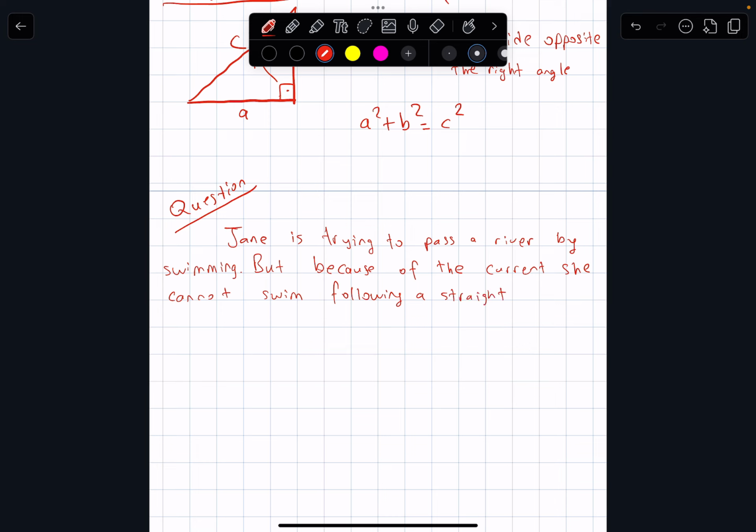So she's deviating a little bit from her straight line course, and ends up moving towards the right.